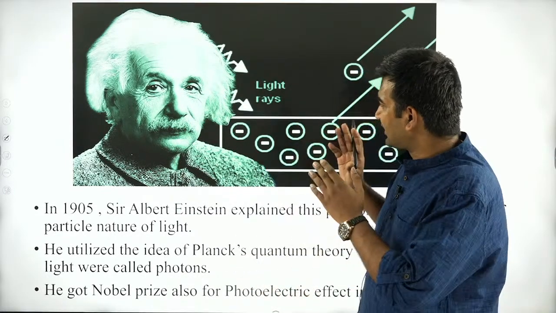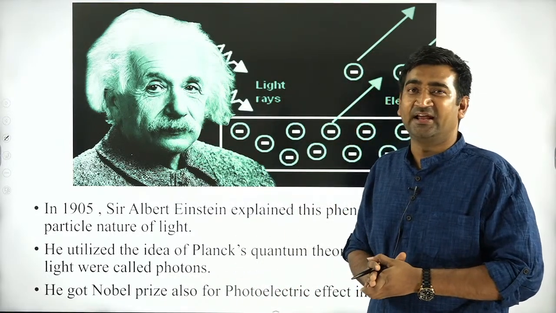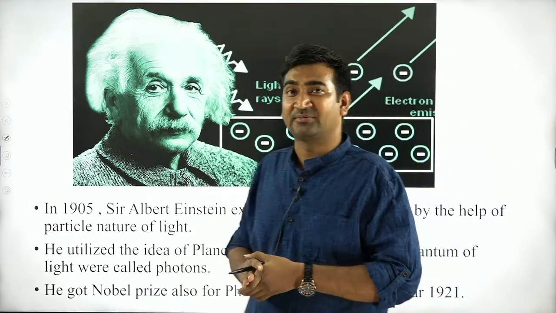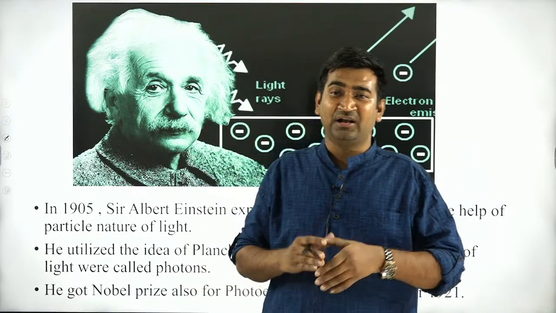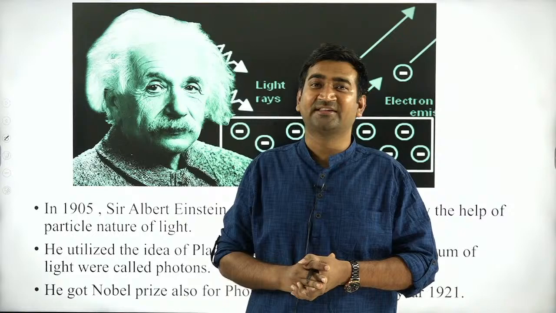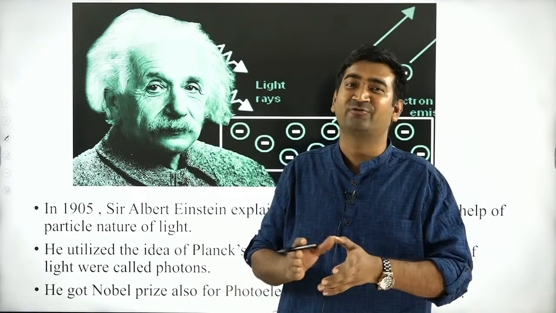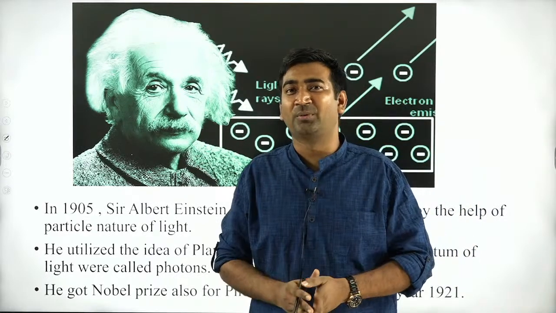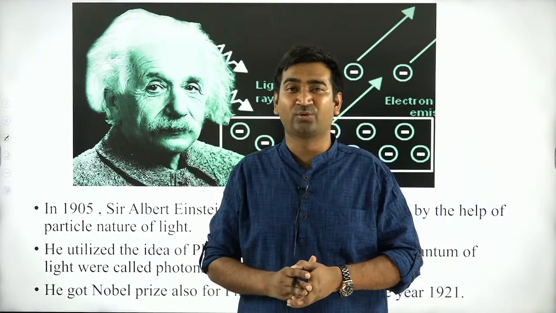But Albert Einstein used the idea of Planck's quantum theory, saying light as a particle concept, and on that basis he was able to explain the photoelectric effect. And for this, students, he got the Nobel Prize also in the year 1921.